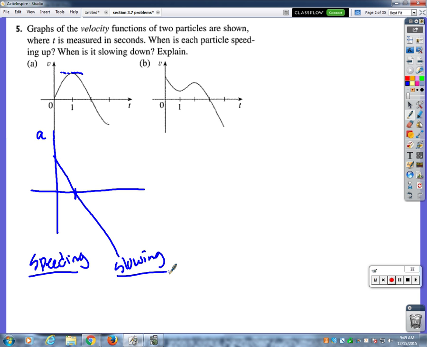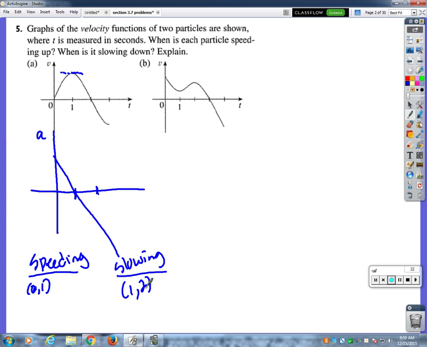Oh, okay. So this is speeding up from 0 to 1. It's slowing down from 1 to 2, because from 1 to 2 the velocity is positive but the acceleration is negative.